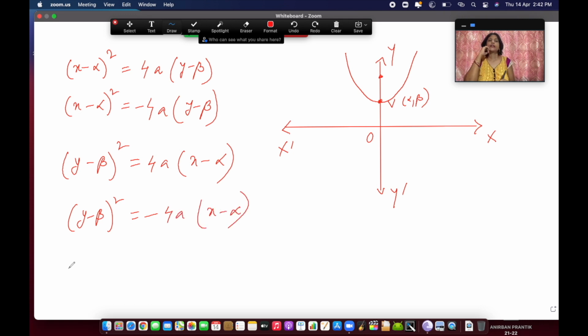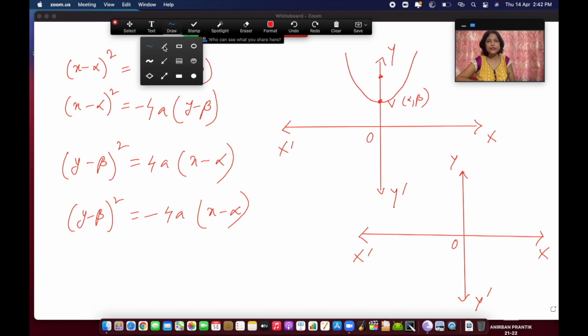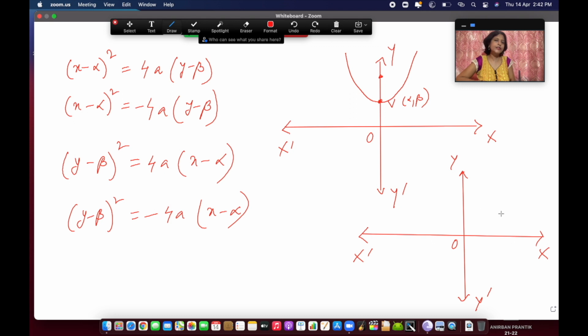So when the vertex is not the origin but any other point, I can give you another example by drawing a parabola where the vertex is not the origin. So see here another example of a parabola that looks like this. Here we have the x and y axis, and suppose the axis of the parabola is neither the x axis nor the y axis, it is a line like this.